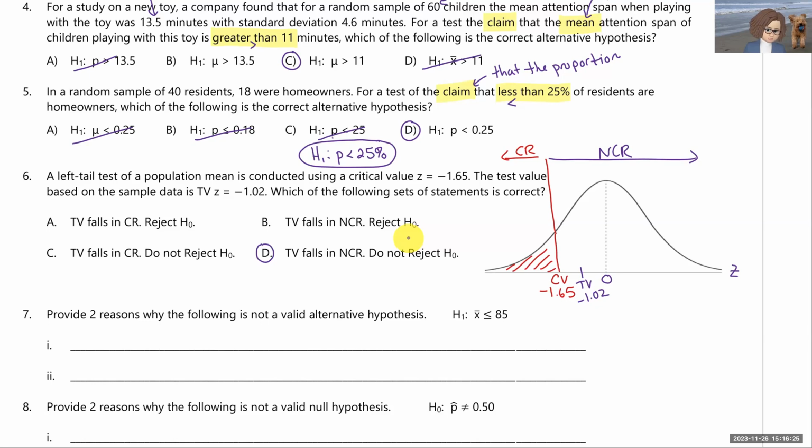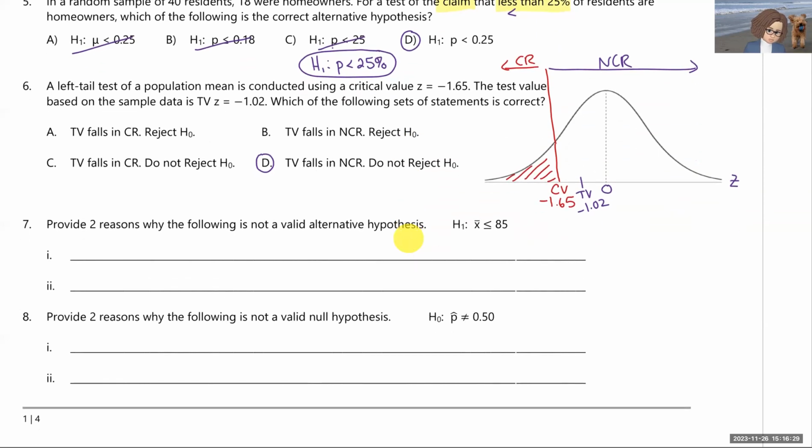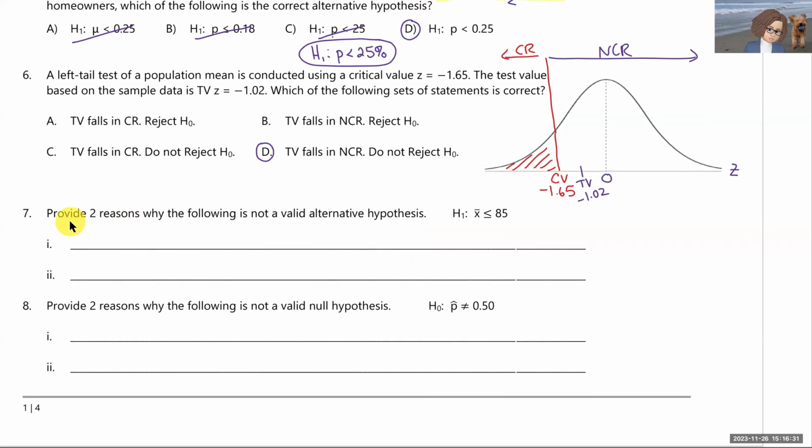Okay, and then we end this page just on some reminders when you're writing your hypotheses here. So provide 2 reasons why the following is not a valid alternative hypothesis. So one reason we've already talked about, X bar there is not allowed. So only population parameters.